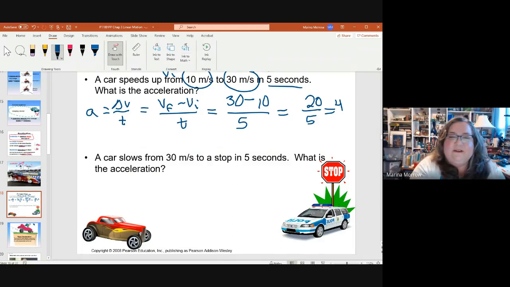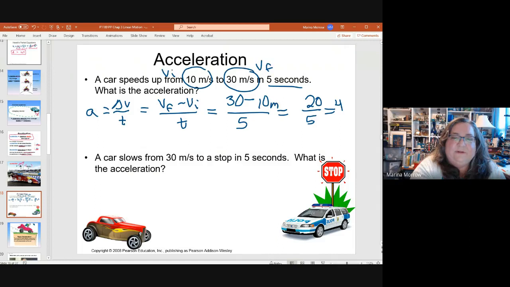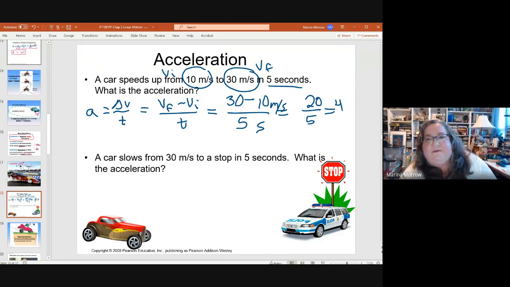So what are the units? Well, we have meters per second, and the 5 is in seconds. So our final set of units can be written as meters per second per second, because that's the idea of an acceleration.